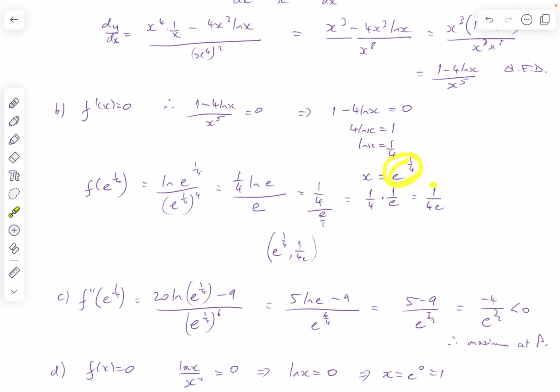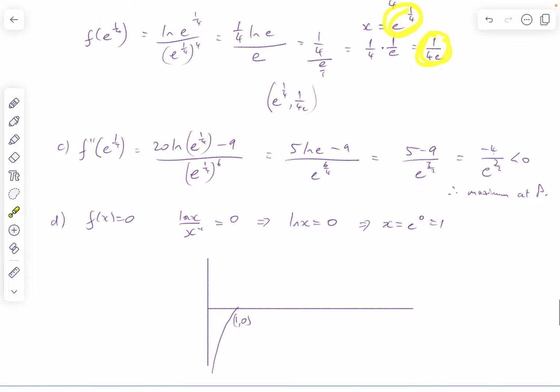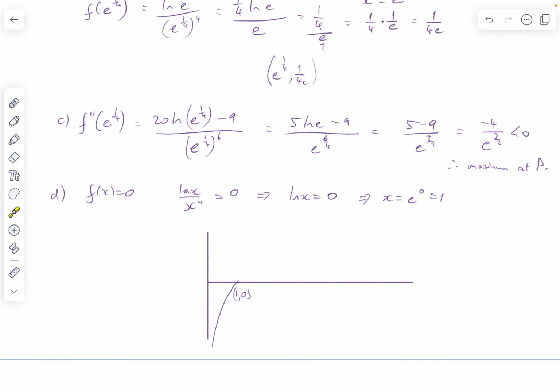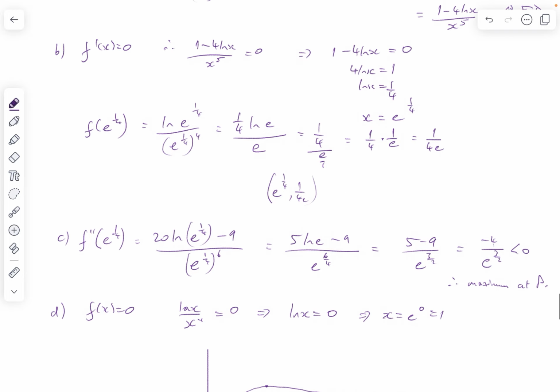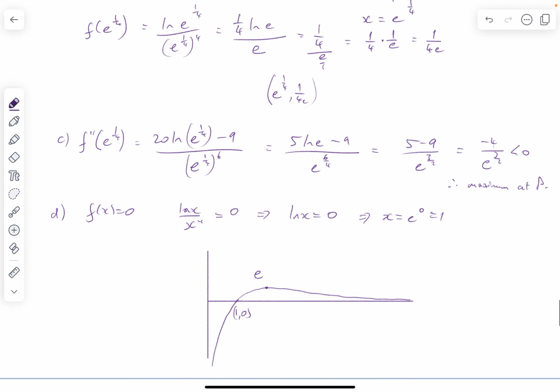And this is our maximum height, 1 over 4e. That's quite small, so it goes up to, say, looks like this, gets to maximum, then it's going to come back down. It never crosses the axis again. And this maximum here is going to be at e to the quarter, 1 over 4e.